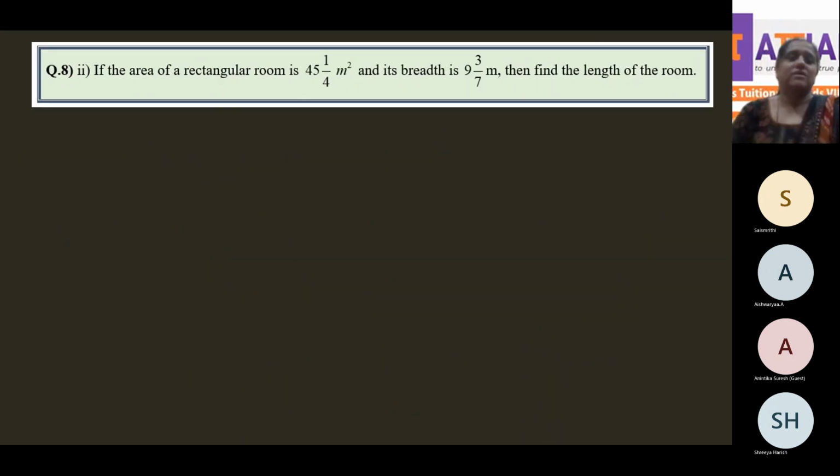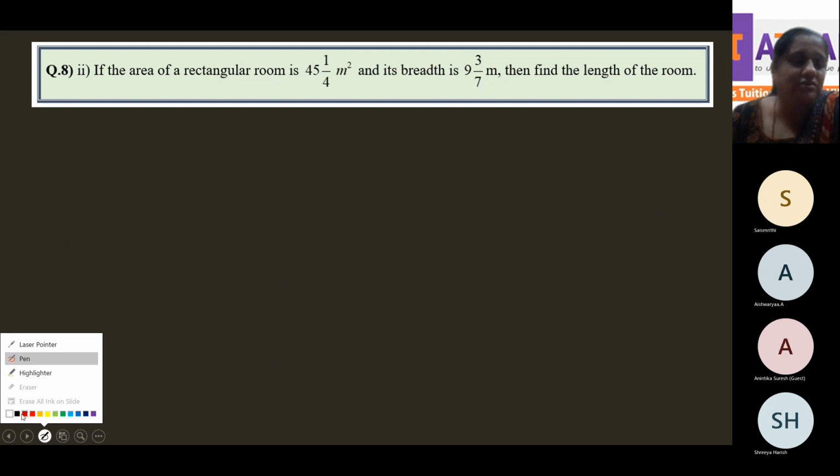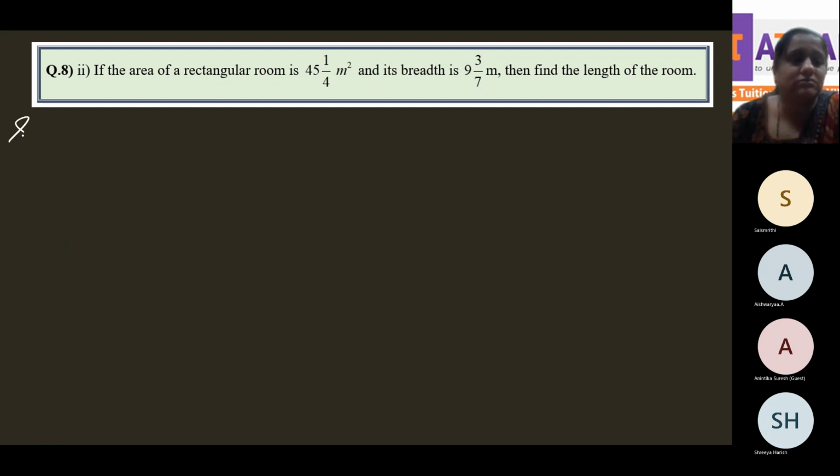If the area of a rectangular room is 45 1 by 4 meters square and breadth is 9 3 by 7 meters, then find the length of the room. So what's the equation here? I'm very particular about the equation. Like for the earlier one, I wrote one rational number plus the other rational number is equal to the sum.